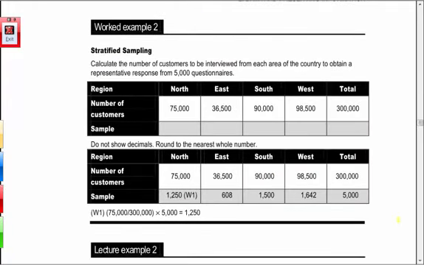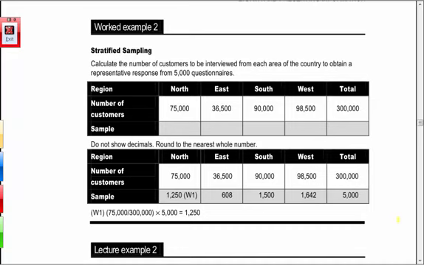In worked example 2 then, the population here have been divided into strata based on the region of the country in which they live. And what we want to do then is to have a representative response from 5,000 questionnaires. So rather than dividing our 5,000 by 4 and saying let's collect 1,250 responses from each region, we want to make it representative to the number of people that live in each area.